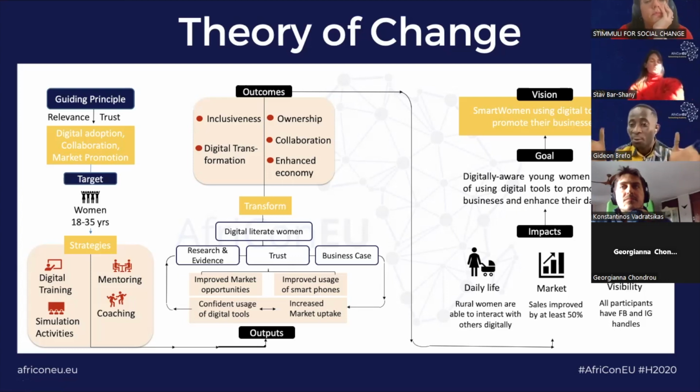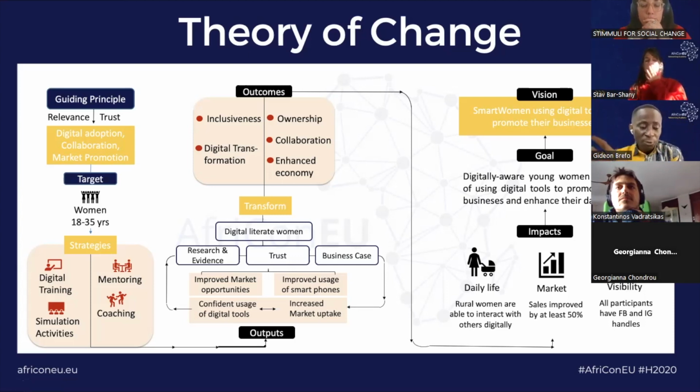They were afraid of people defrauding them when they are online and all the associated problems that could come. So we need to build trust. And then also they need to know how their use of these digital tools can help them to improve their business. So also we establish relevance.